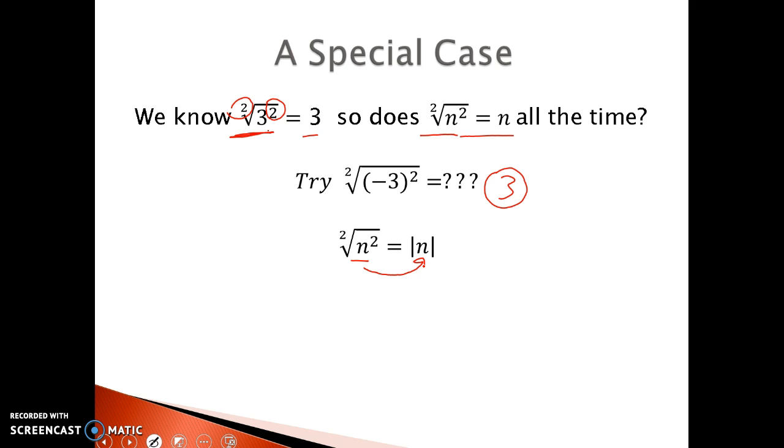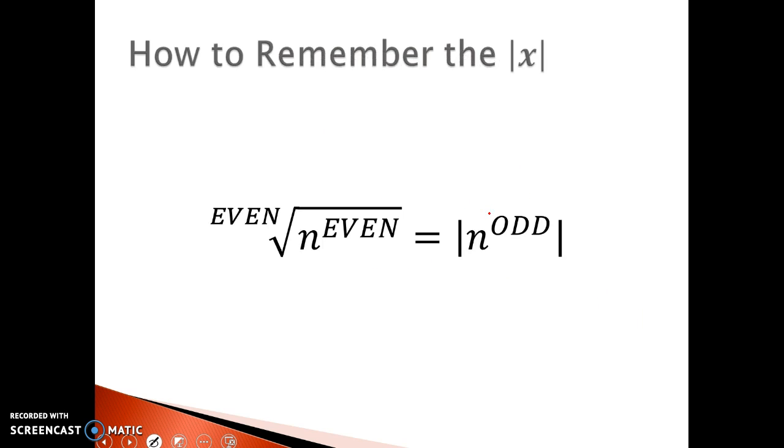It doesn't always work that way because just like in the first example, example number 1, we were taking the cube root of -27 and we got -3. So when do we have to make sure it becomes positive? Well, it has to become positive when we have something like this, where we have an even number on the outside, the index, and an even exponent, and that simplifies to something that is to an odd power.